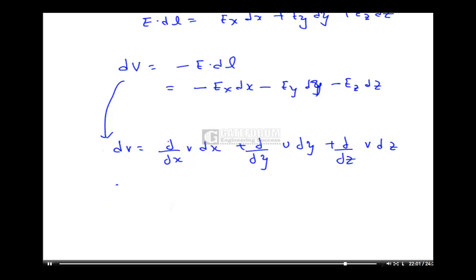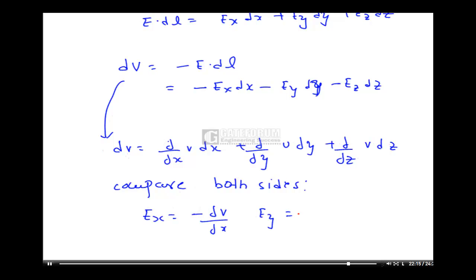So compare both sides. What are we getting? Ex is equal to minus dou V by dou x, Ey is equal to minus dou V by dou y, Ez is equal to minus dou V by dou z.